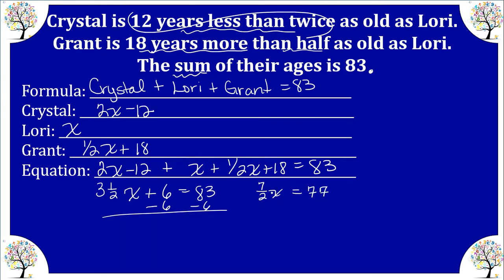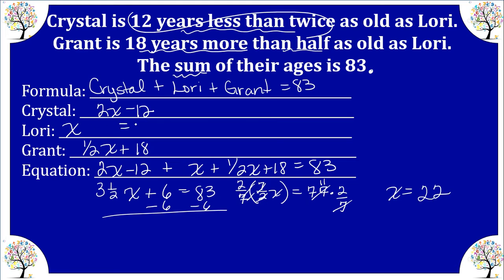We are going to undo times by dividing by 7/2, which is really multiplying by the reciprocal of 2 over 7. So our 2's cancel, our 7's cancel, and x is equal to 7 divides into 77 11 times, and then 11 times 2 is 22.